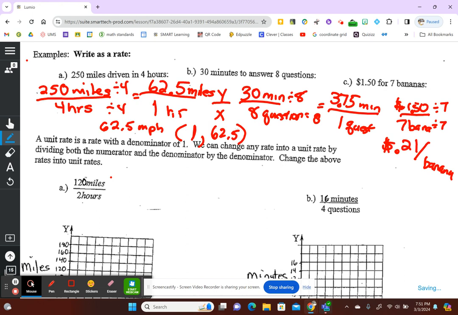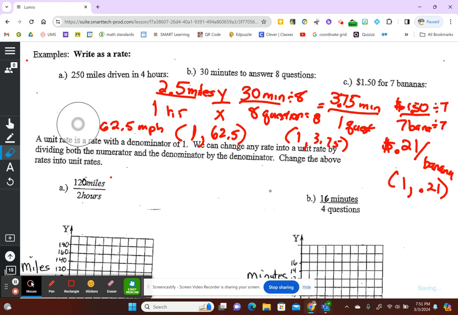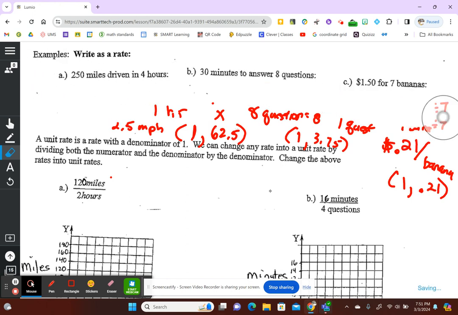So this ordered pair on a graph would be 1, 62.5. B would be 1, 3.75. And C would be 1, 0.21. So for the next ones, we're going to actually graph them.